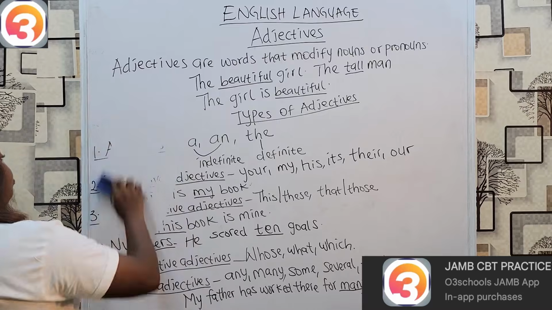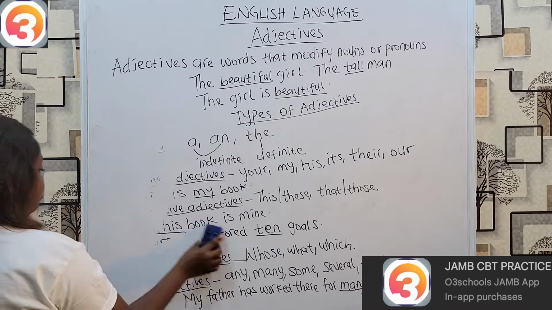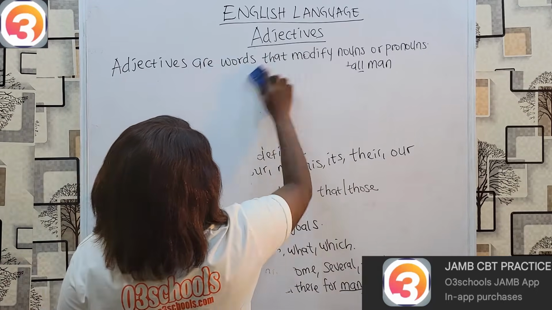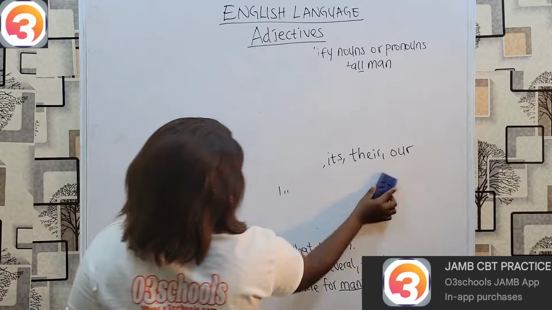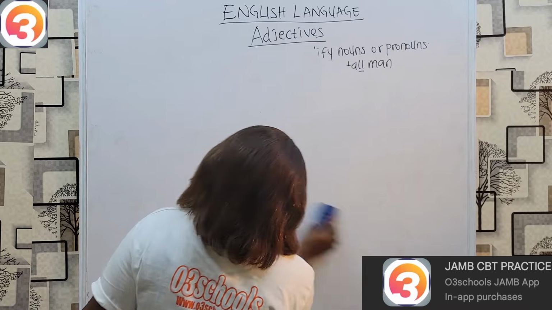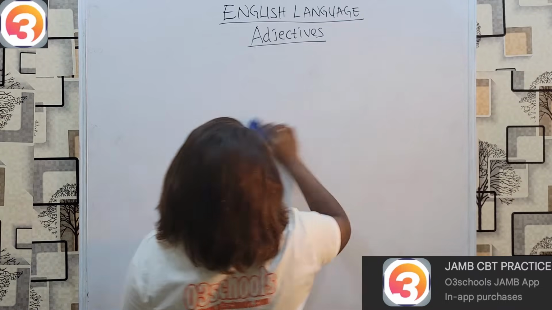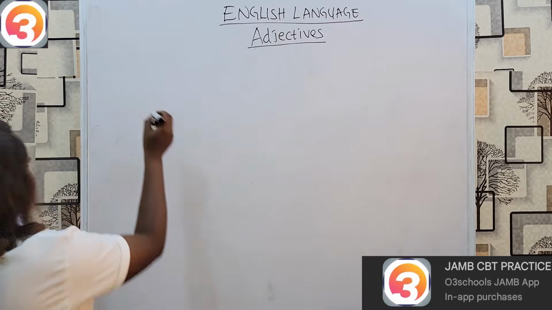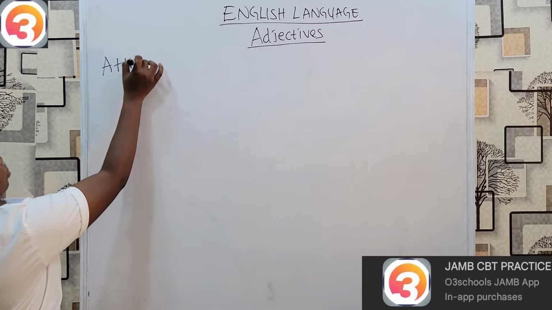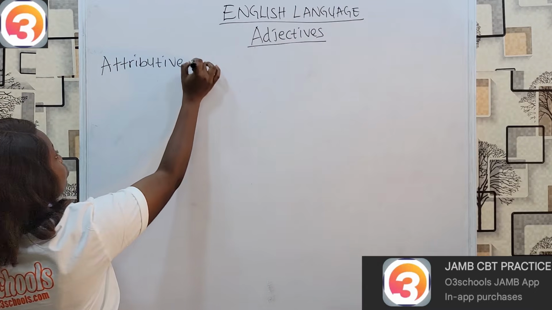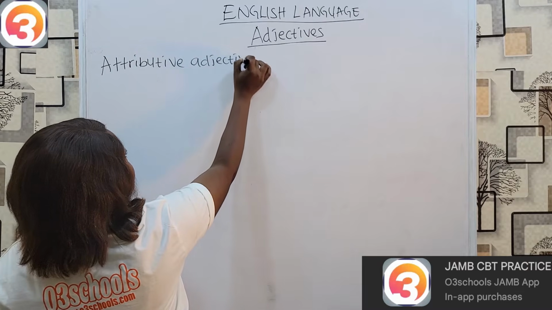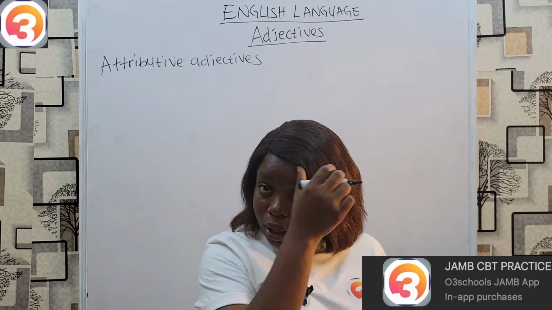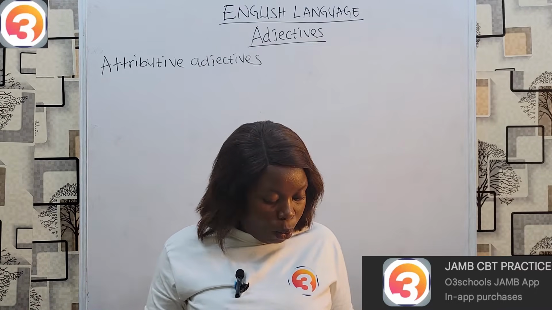Then we also have attributive adjectives. This one talks about attributes or qualities. Adjectives that describe specific qualities or attributes of nouns or pronouns.